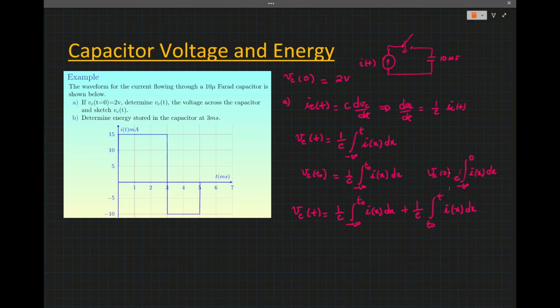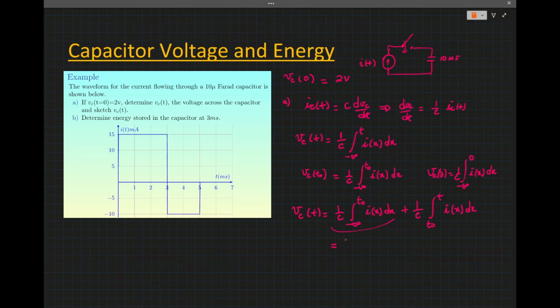So this captures all the voltage accumulated, all the charges. There's a relationship between charge and voltage across the capacitor.